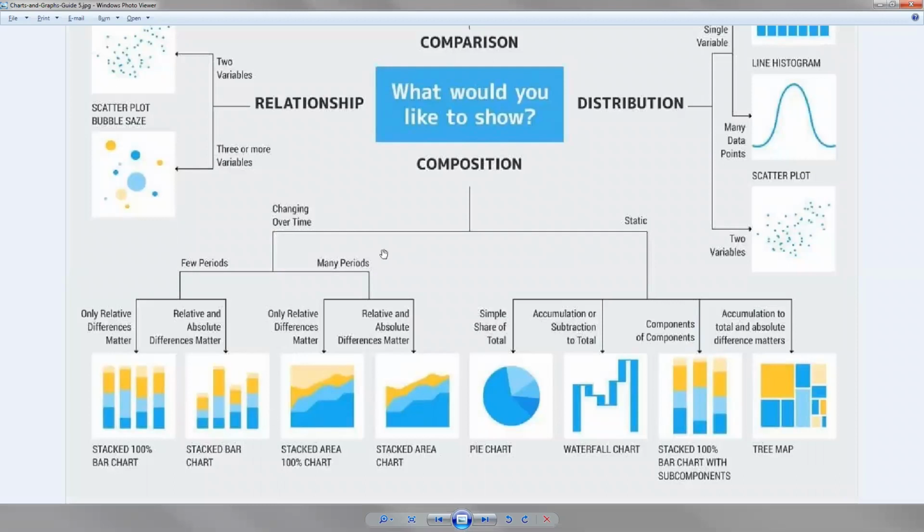And now if we go to static compositions, it's not involved with time. We have few variants here as well. Let's see. Obviously we all know the pie chart. When we have to show one quantity as a part of the whole quantity, called share of a total, we just go with the pie chart.